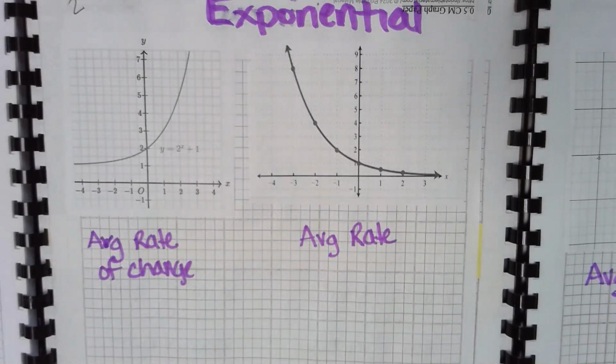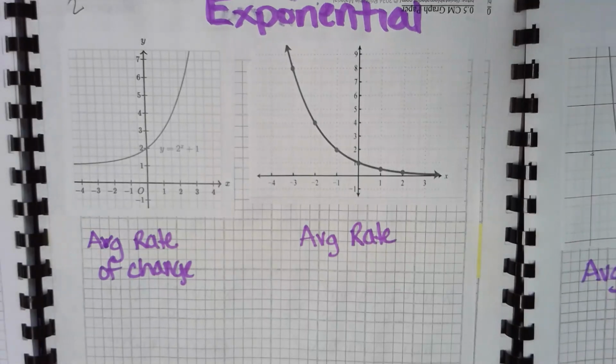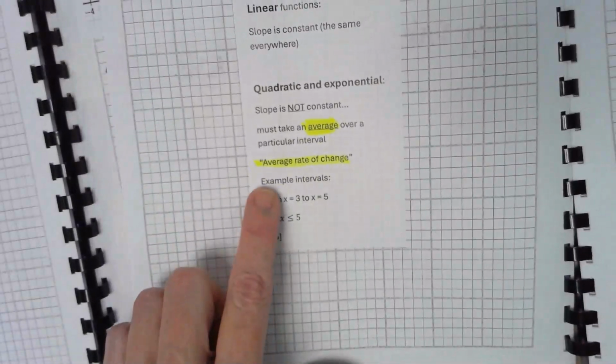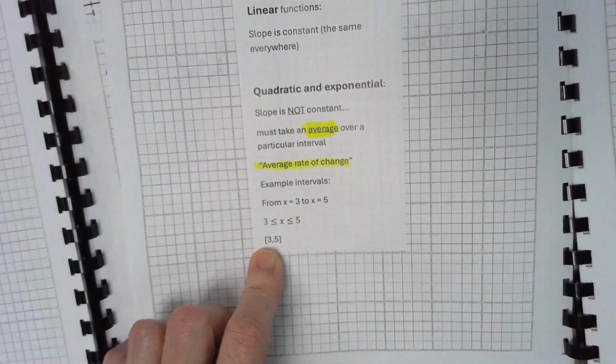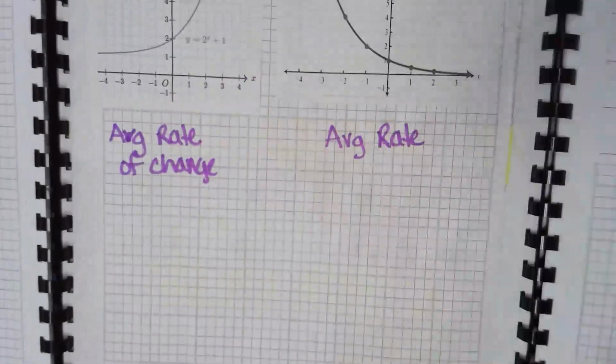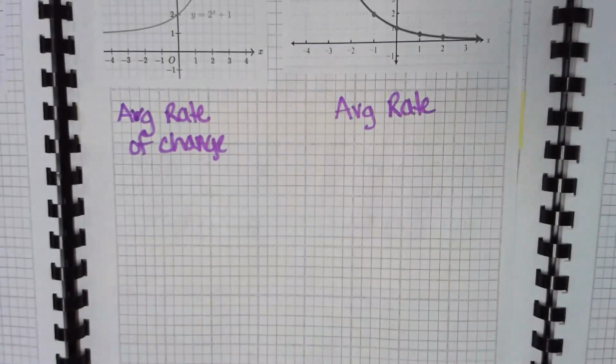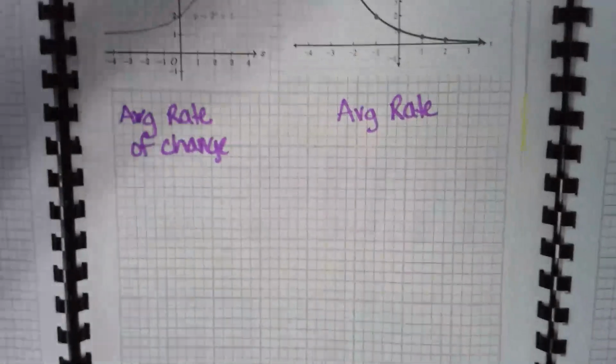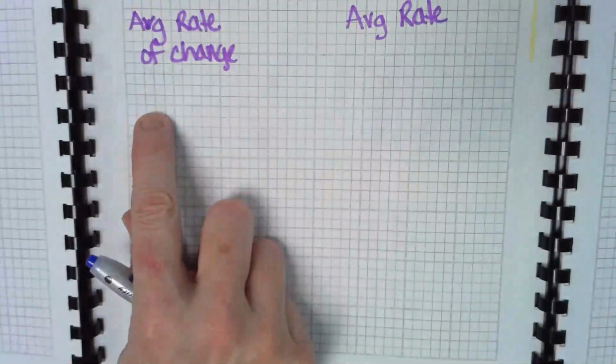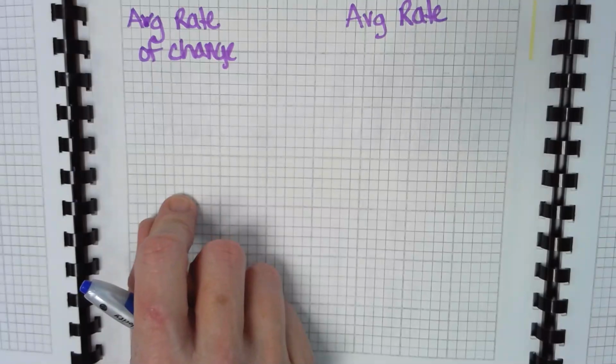Okay. Let's see. How do we specify our intervals? We specify them 3 different styles. And they're right here. Here's the way to specify them. So the first thing I'm going to do is we're just going to write all the different intervals that we're going to find our slope for.